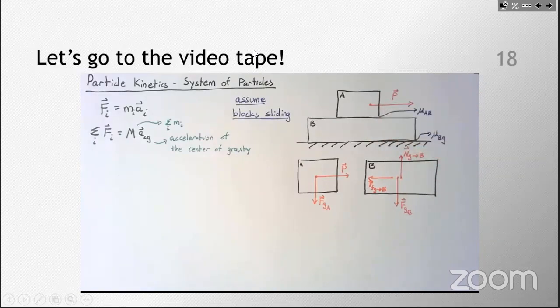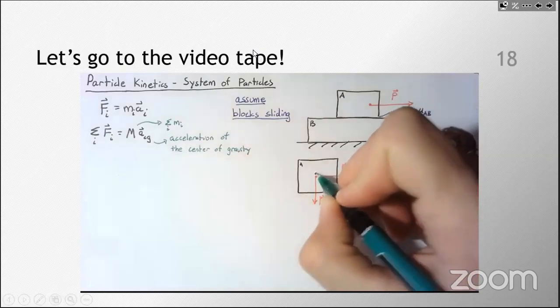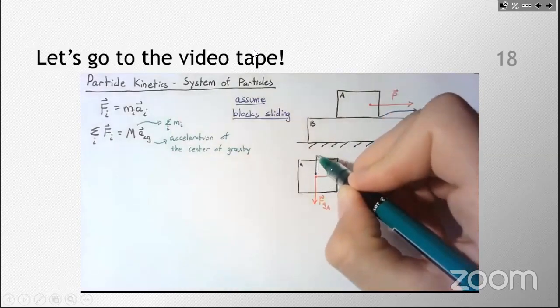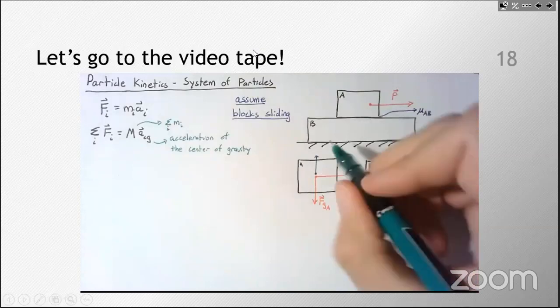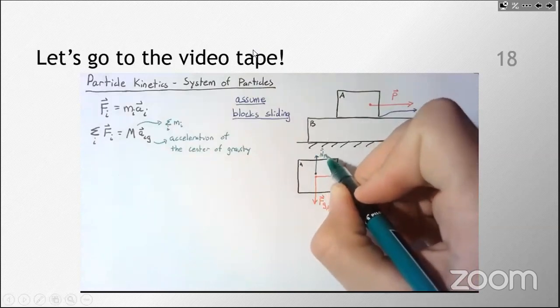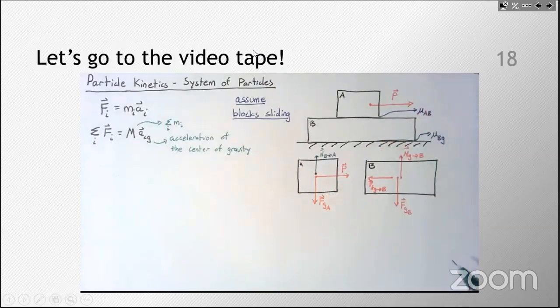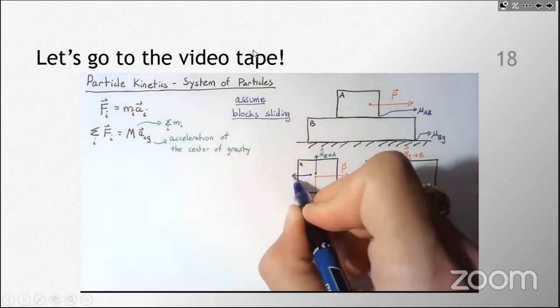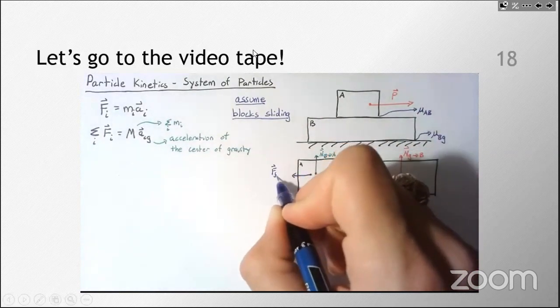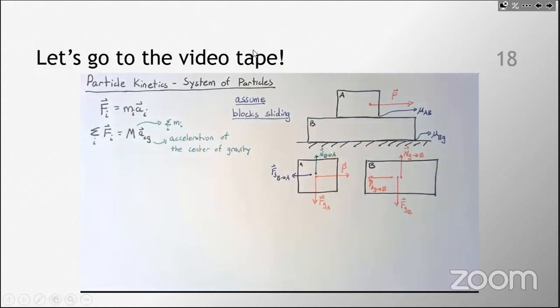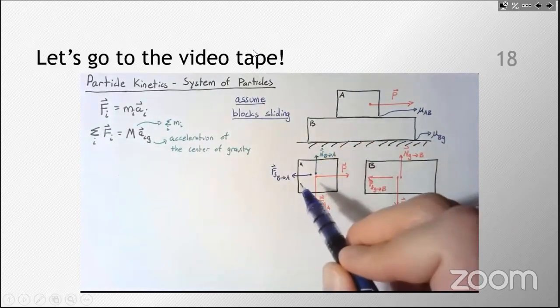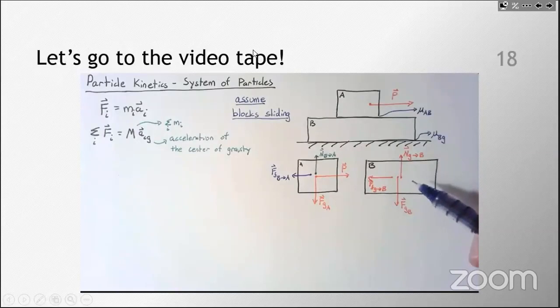So the way that I'm going to write these, I'm going to say that there's a normal force of B pushing on A. So I can write that as normal of B acting on A. And likewise, there's going to be a friction force of B acting on A. These internal forces are going to have equal and opposite effects on the other object.